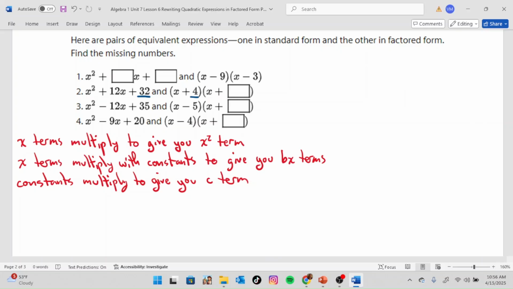So for number 2, I'm going to say 32 divided by 4 equals 8. So this missing square is 8, and we know that because 4 times 8 would multiply together to give us the 32.